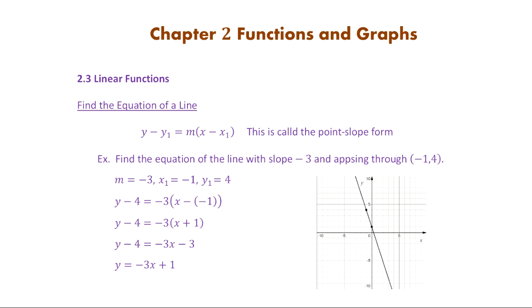And then on the left, you get y minus 4. So you can add the 4 on both sides to get -3x plus 1, and combine -3 and 4 on the right. So the equation we find is y equal to -3x plus 1. So that's the equation of the line. After simplification, you should always simplify your answer like we're doing here. All right?